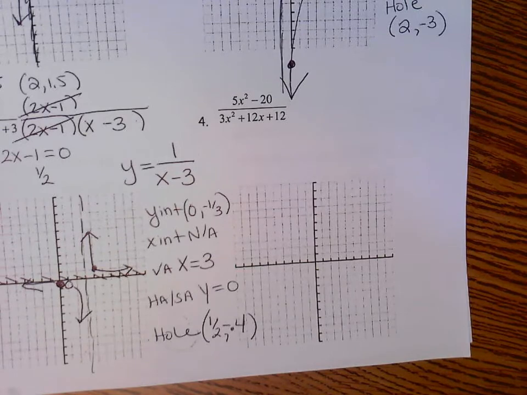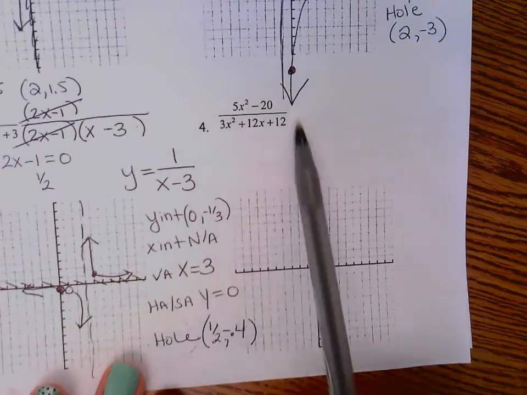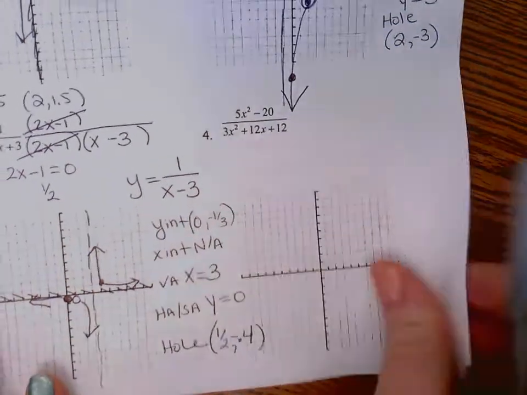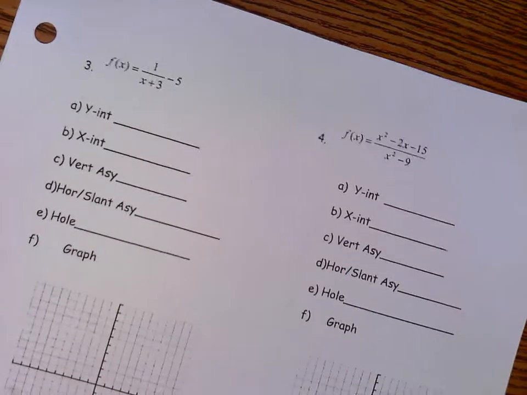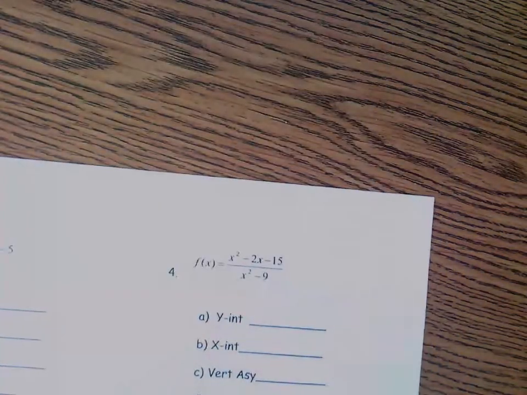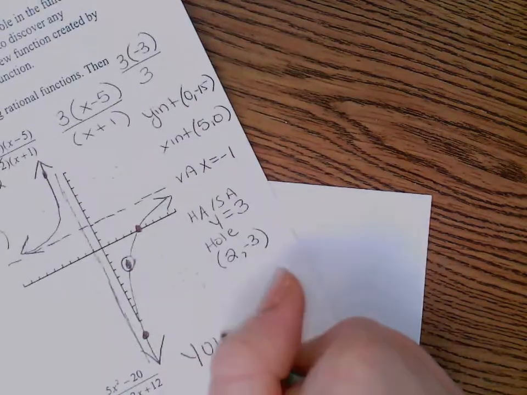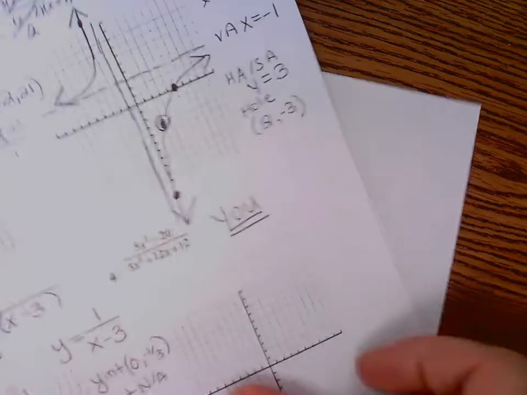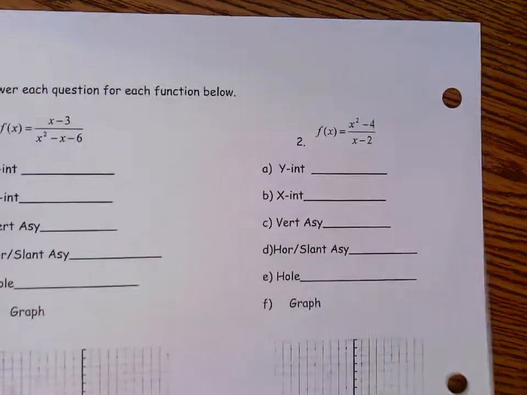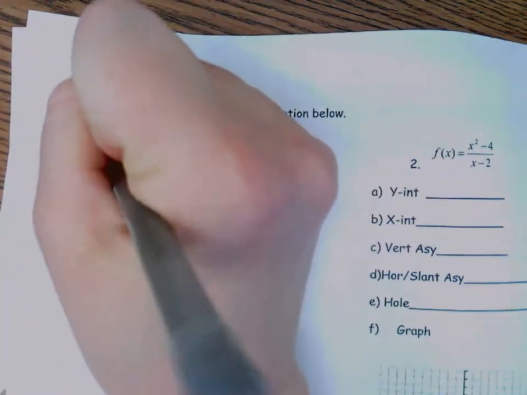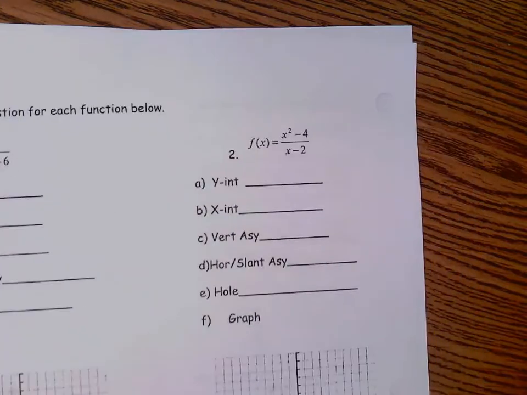So I think this is going to be the last one I do with you. Actually, one of these is harder. You are going to do number 1 on the next page.